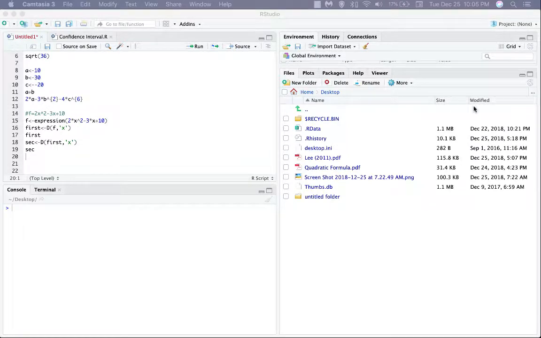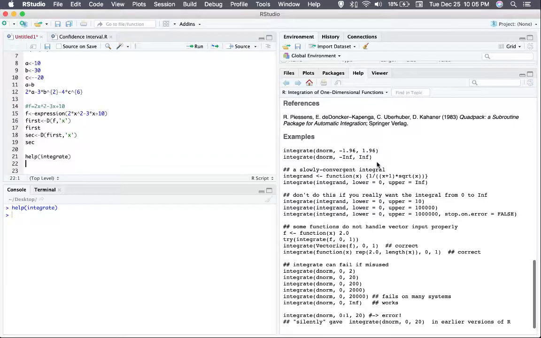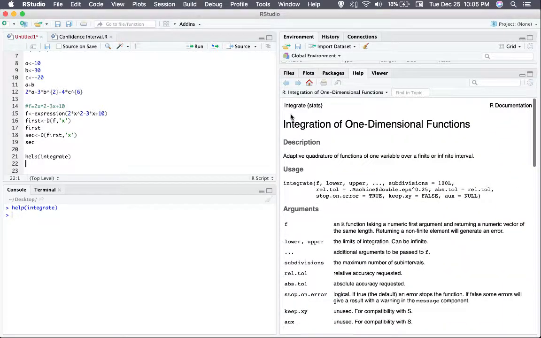Next, integration. I want to search the help about integration. So what I do, I just type help, integrate, and run. Once you run, you will get this window over here. It explains everything, the integration of a one dimensional function.